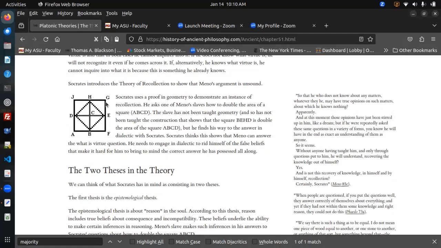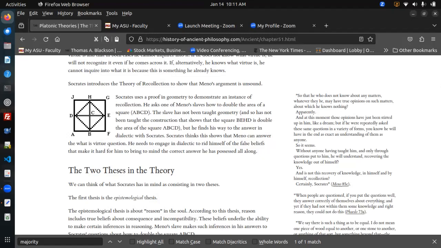All right, so the question is how to double the square ABCD. This construction shows you how to get a square that's double of that square. And Socrates, in his conversation with Meno's slave, helps the slave get the right answer.